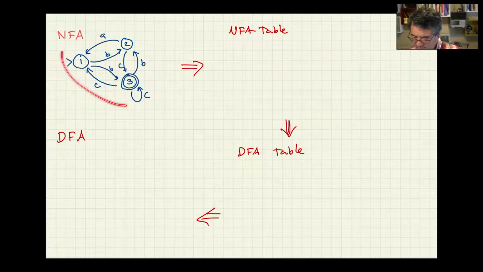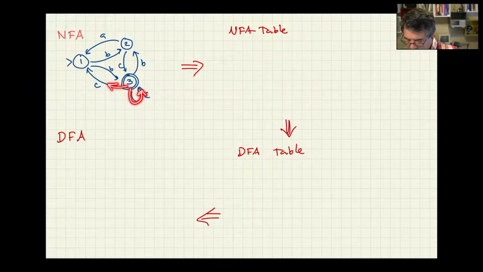So here's an NFA over here. And we know it's an NFA because there's at least one place where there is an ambiguous transition, like right here. And I think there's another one. Oh yeah, here.